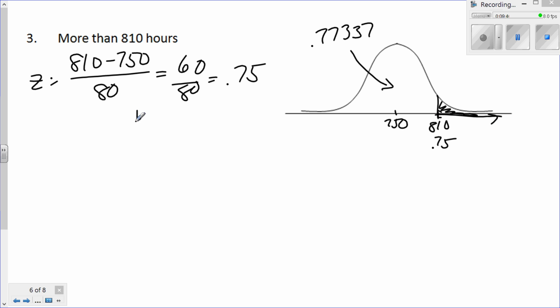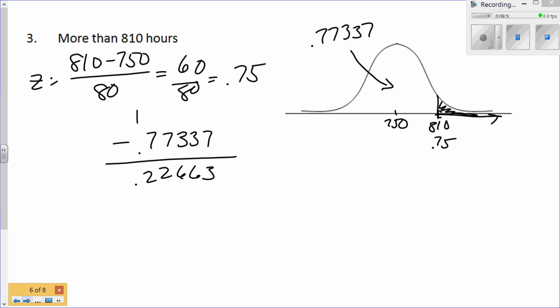So I'll need to take 1 and subtract the area I don't want to get the area I do want. So there's about a 22-23% chance that a light bulb is going to last more than 810 hours.